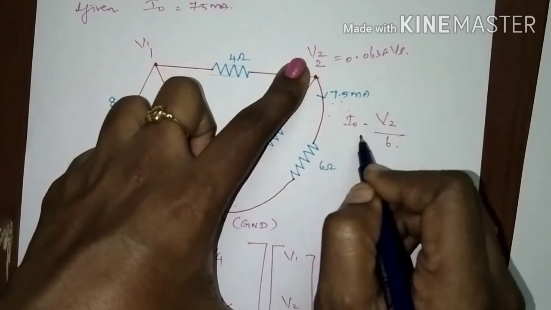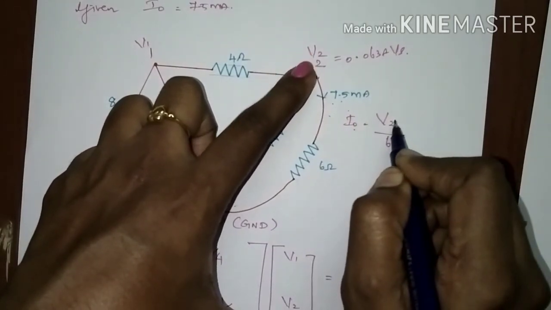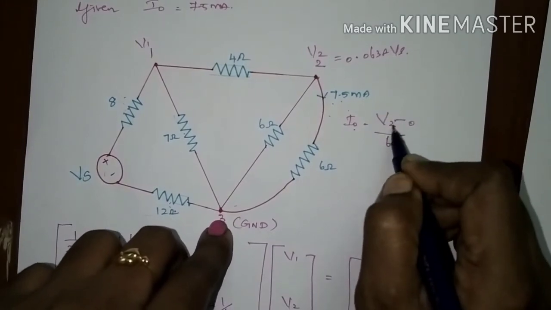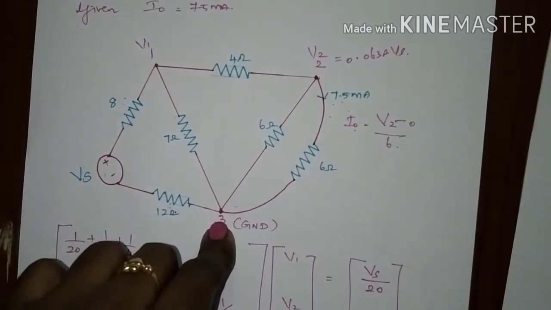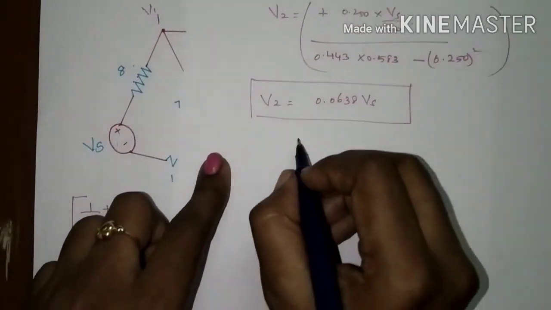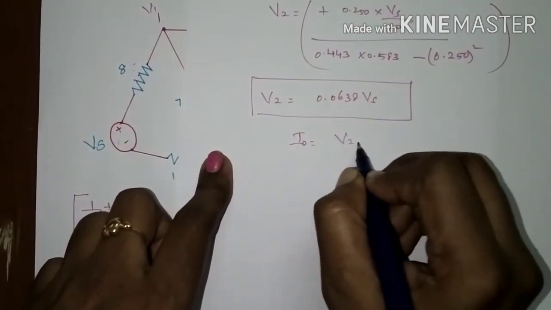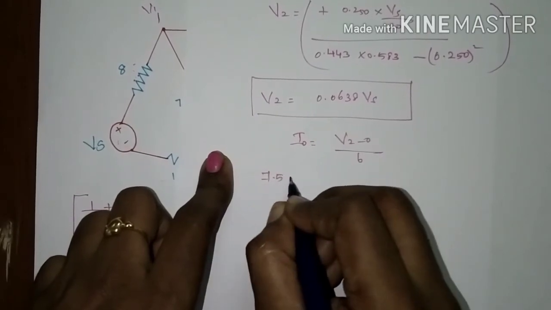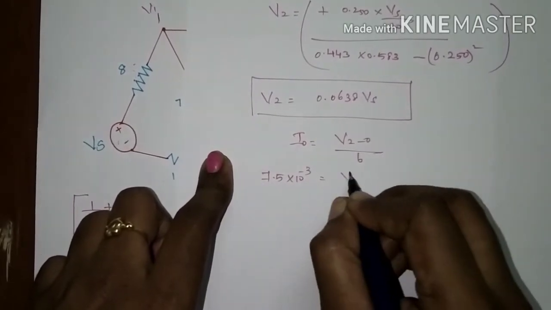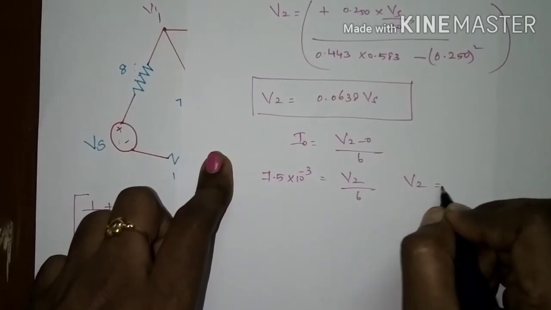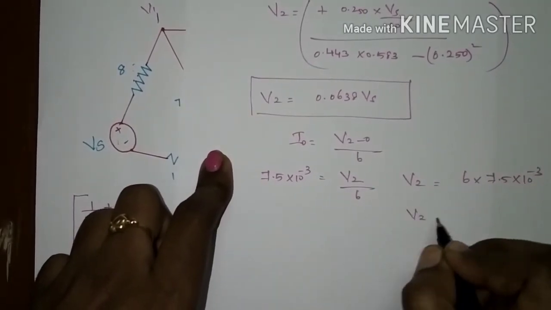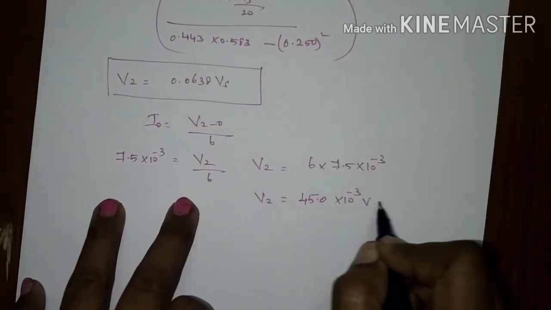According to this, I0 is equal to V2, the voltage across this, minus the reference voltage 0, divided by 6. I0 given in the problem is 7.5 milliampere, which is equal to V2 divided by 6. Your V2 is equal to 6 into 7.5 into 10 to the power minus 3. Your V2 value is 45 millivolt.